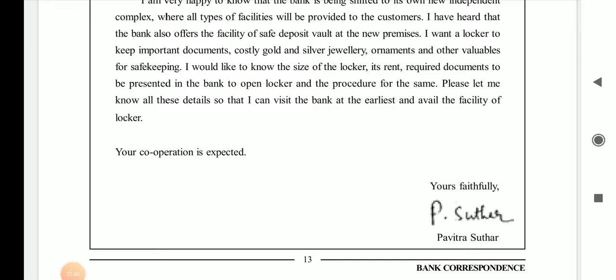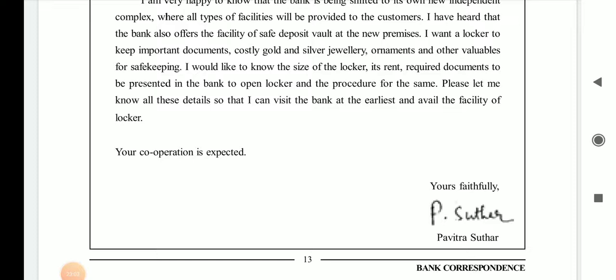Here the lady mentions the reason why she wants a locker facility for keeping documents and costly gold and silver jewelry. She wants to keep these things very safely.